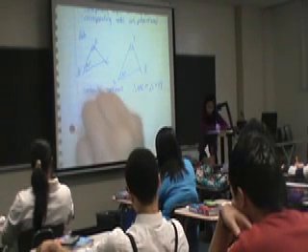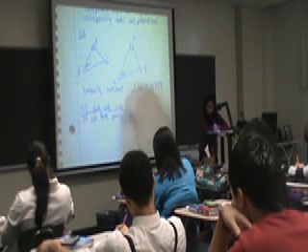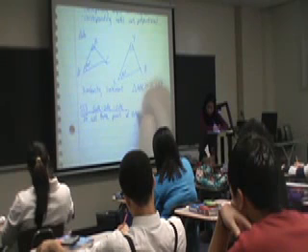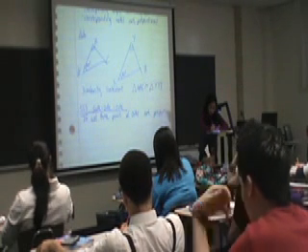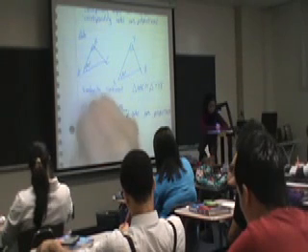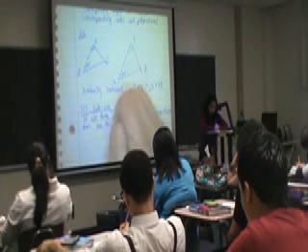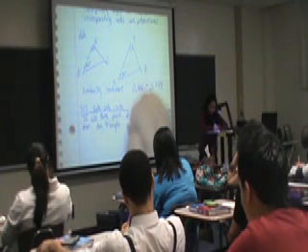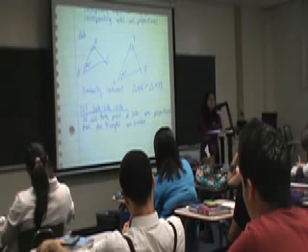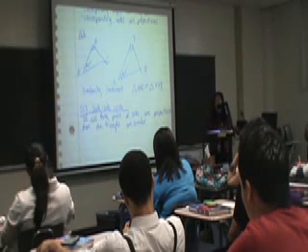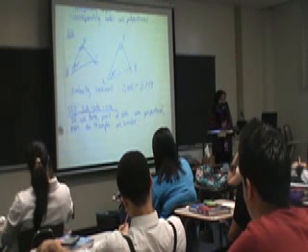So side, side, side: if all three pairs of sides are proportional, then the triangles are similar. Just like how he said, you have to check if all three sides are proportional, which means they all have the same ratio.